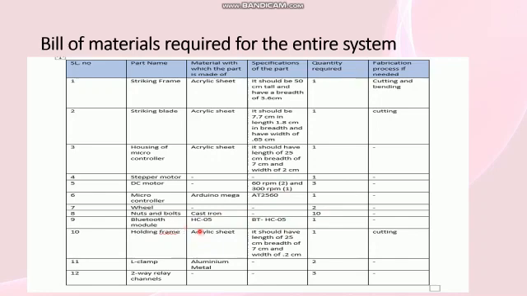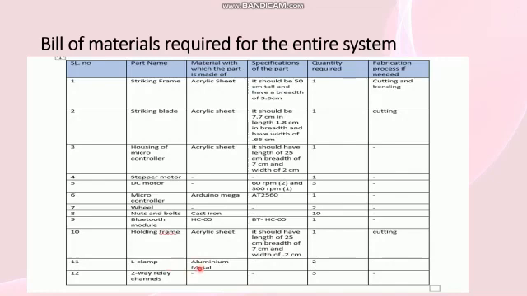Next is the Bluetooth module, and the quantity required was 1. Next one is the holding frame, the material required was acrylic sheet, and the fabrication process needed was cutting. Next is the L clamp.